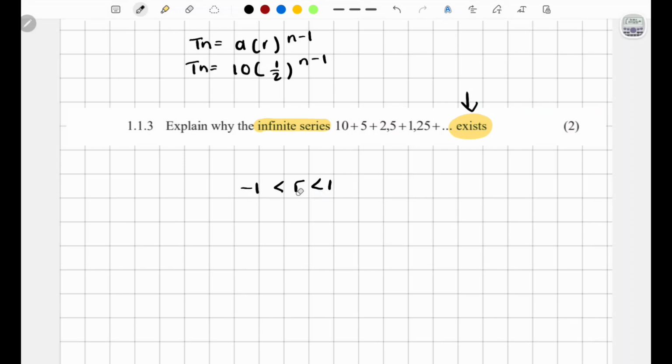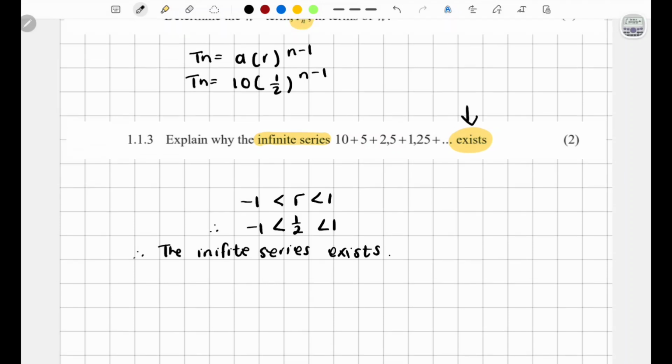So we just need to put the common ratio in between, which is a half. A half is greater than -1 but smaller than 1, and we know that is true. That is why it exists. So you can conclude, therefore, the infinite series exists. Okay, moving on to the next question.